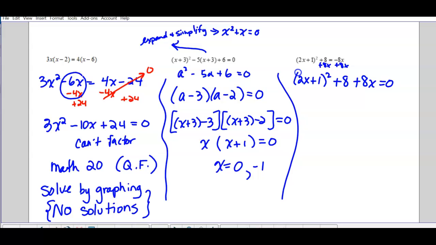And then take a look at it. I've got a factor of 8 that I can factor out of those terms, but I'd be left with 1 plus x, and this is 1 plus 2x. So really, it's not going to help me. I'm going to expand this out now.